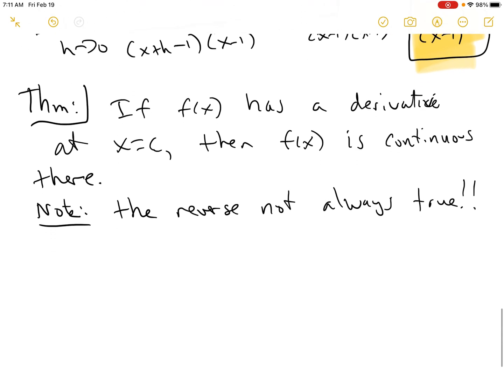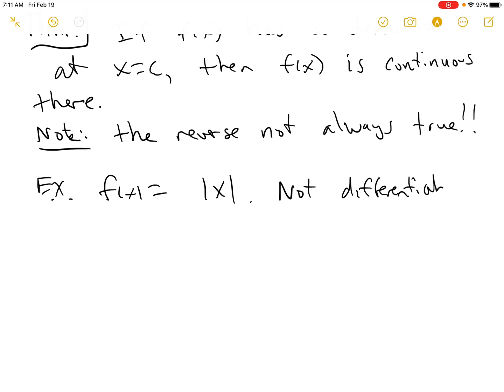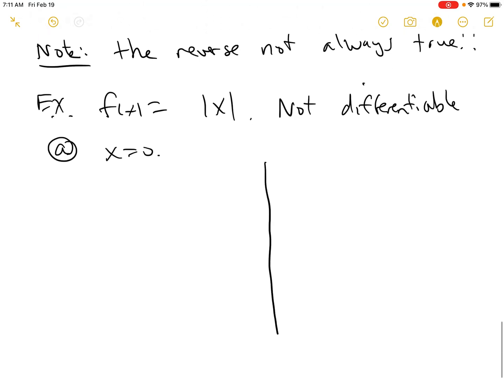Case in point, if you let f of x be the absolute value function, this is not differentiable at x equals 0. Okay, but it is continuous.